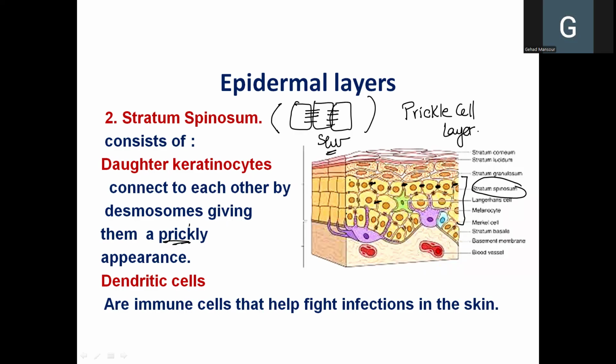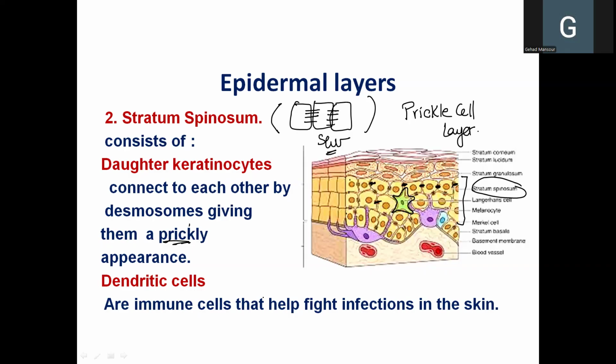We can see the dendritic cell. The dendritic cell is this green cell, and it is important for the immune functions of the body. Then we have Merkel's cell, this purple cell. If you can see the labeling, we have the melanocytes, and then the Merkel cells.